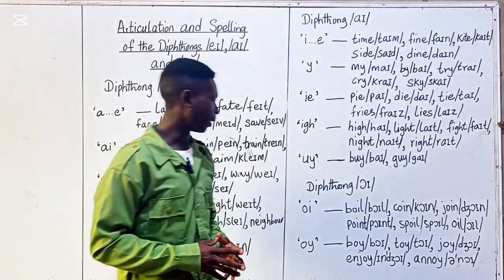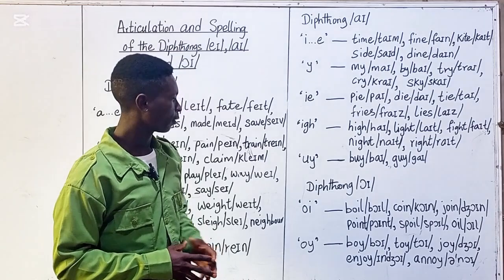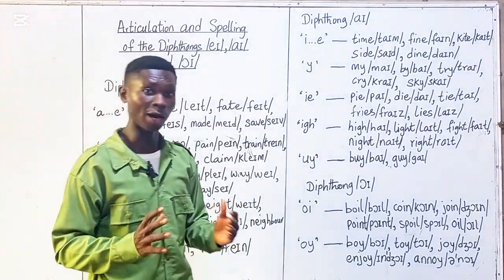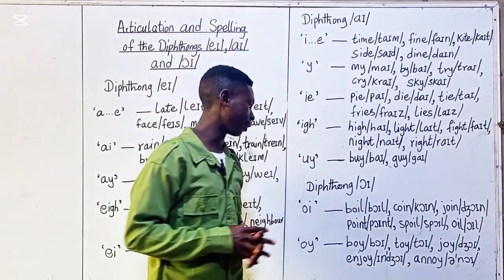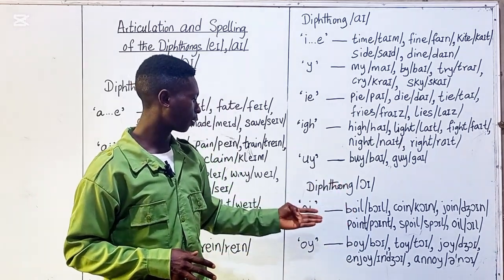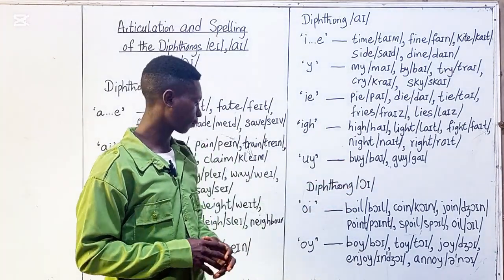Now let's look at the last for today, which is the OI sound. The OI sound can be represented by letters OI, as in boil, coin, join, point, spoil, and oil.